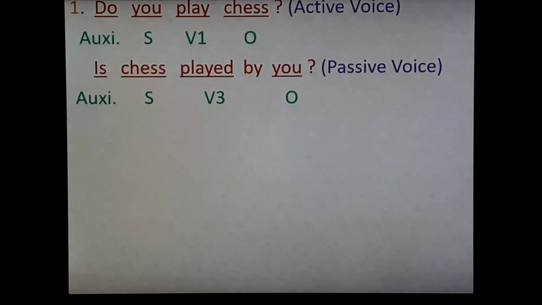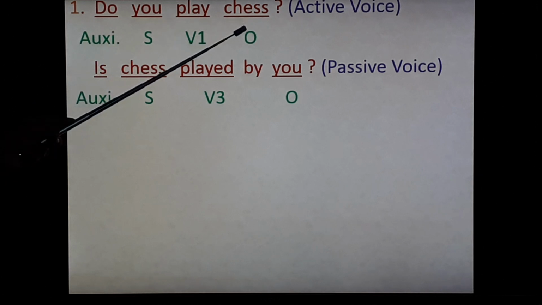Now how to change this to passive, that we will see. See here, do is given, so we are sure that this sentence is in simple present tense. That's why here we need to put is, am or are. But what is the object here? Chess. So according to chess, you have to choose the appropriate auxiliary verb, which is is.